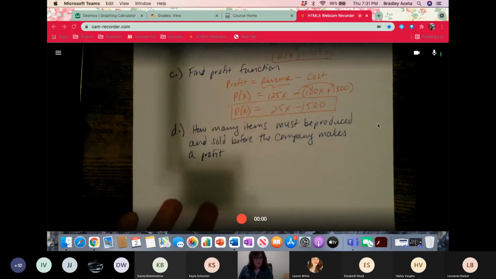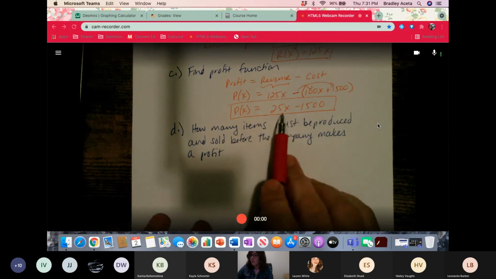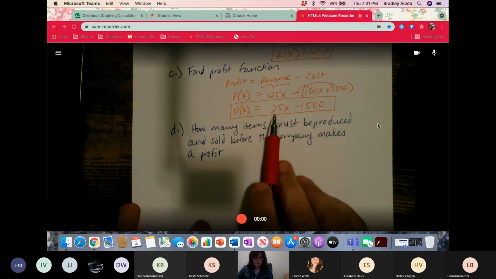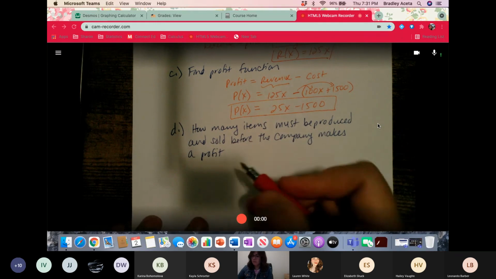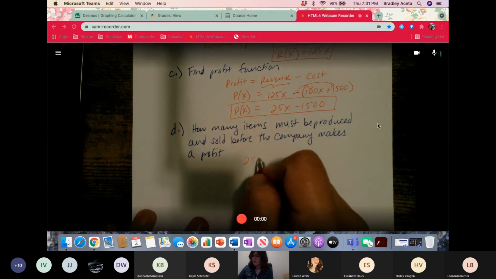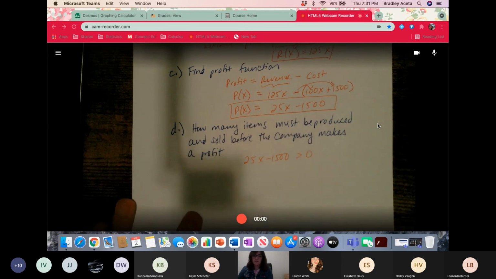Last but not least, how many items must be produced and sold before the company makes a profit? What I'm asking is, when is this finally going to get me above 0? So when is 25x minus 1,500 larger than 0?